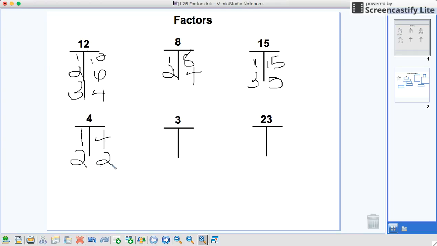So I can put the 2 here, so I know that that's it, and I know that I can stop. However, when I write my factors, there we go, I don't want to include the second 2. So my factors of 4 are 1, 2, and 4. Pause the video and write that in your notes.